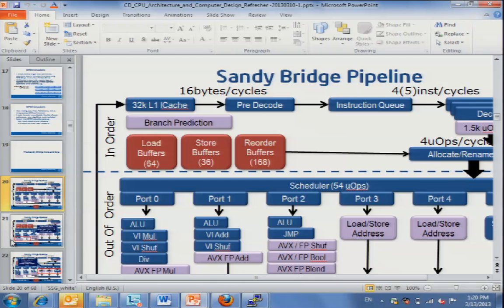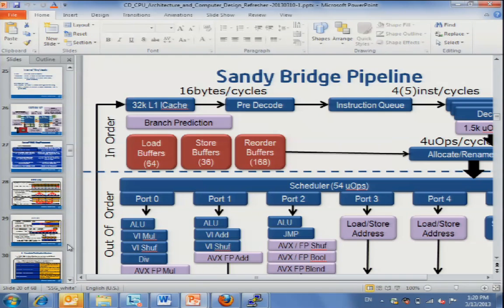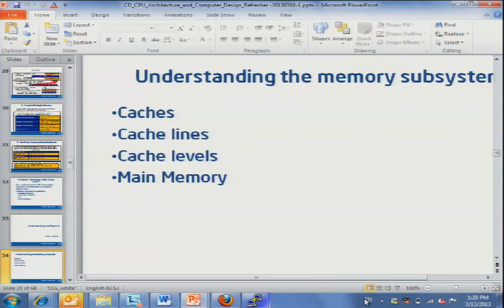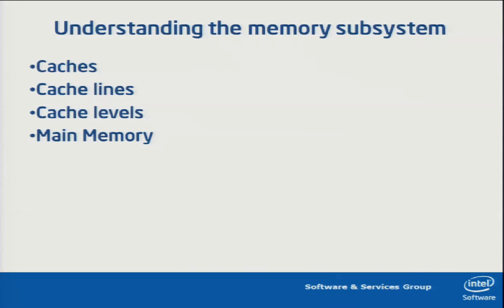OK. Now, the point is those caches are very critical to our performance. Since we nowadays have 4 memory channels, we have DDR3, 1600 on Sandy Bridge. So it's actually quite a lot of bandwidth.